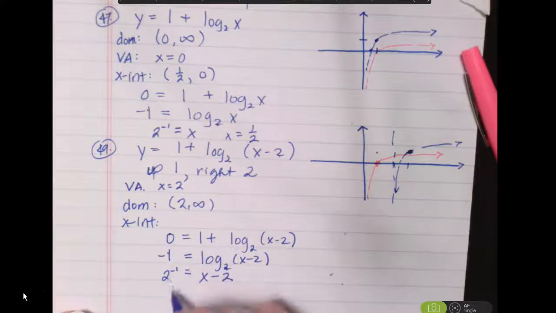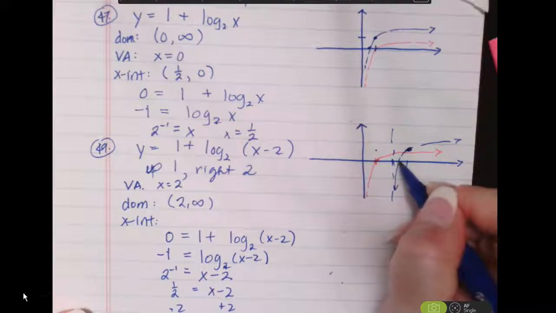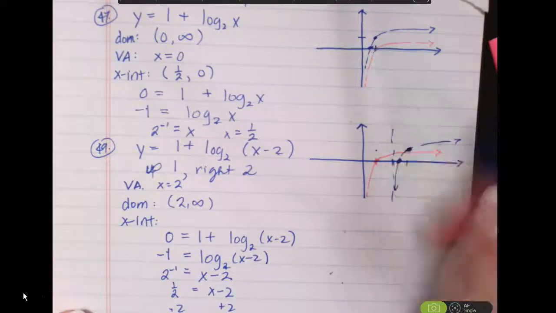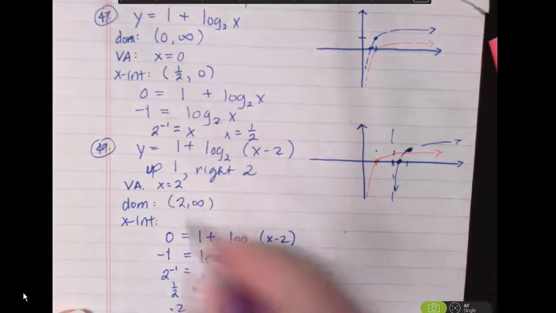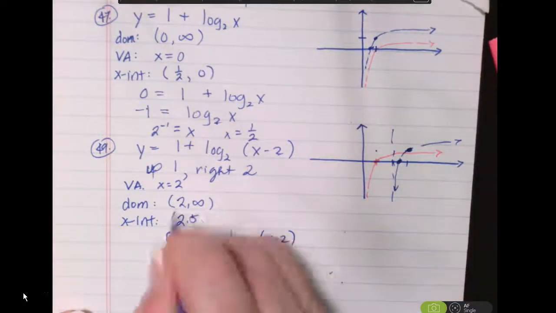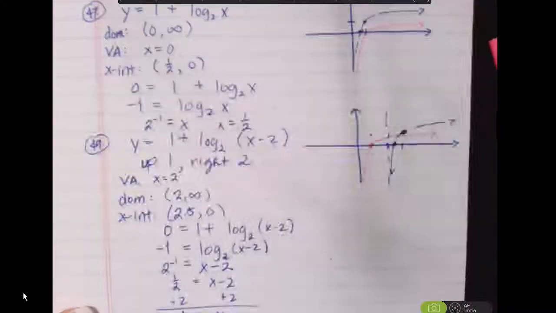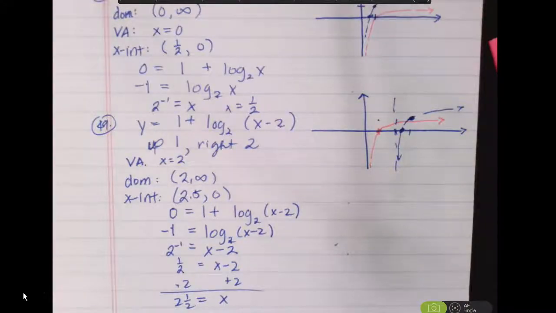So 2 to the -1 is a half, plus 2. So I'm crossing the x-axis at 2.5. Doesn't that make sense? On the last one it just went over 0.5. This one it's 0.5 over away from the asymptote.